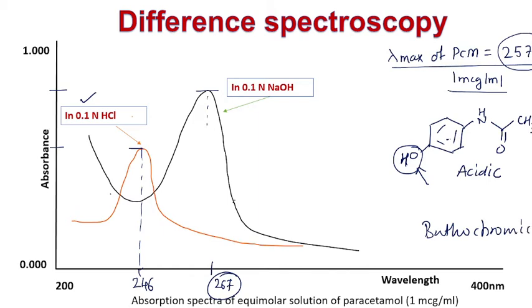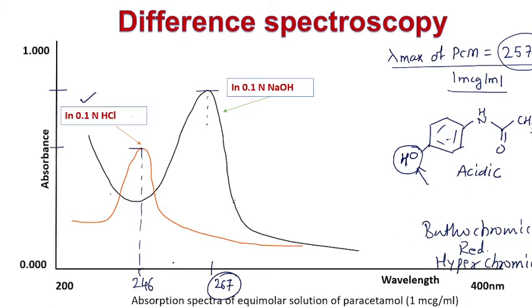shift. This is also referred to as red shift, if you remember the theoretical aspects of UV. And it has also increased the absorbance. We refer to it as a hyperchromic shift. A hyperchromic shift has also been observed.